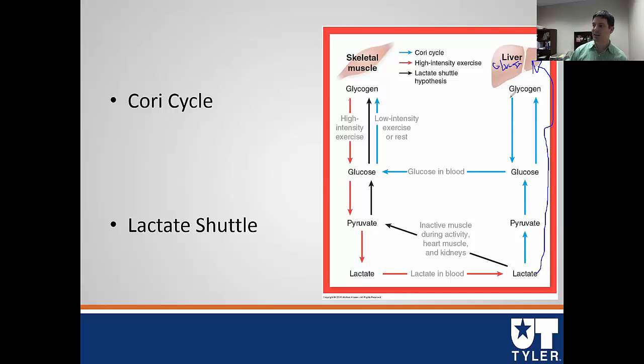We can then break that glycogen down into glucose, back into the blood, and we can essentially feed this system. So again, the idea of the Cori cycle is that lactate leaves the muscle, goes to the liver, and the liver turns it into glucose. The glucose can then be either turned into glycogen or secreted as glucose again, and can then be fed back into the muscle to provide a substrate for energy.